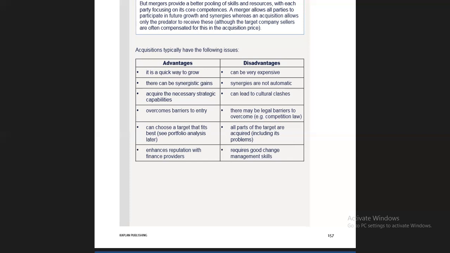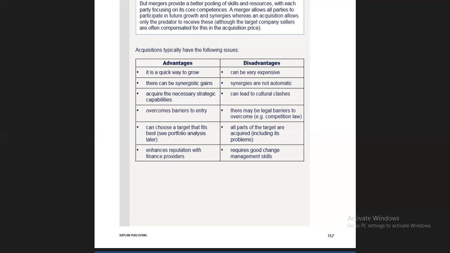Then disadvantage: can be very expensive. Yes, if you have that money, then you can acquire the company, so it is an expensive way to expand. Only multinationals can use that strategy, because they have more resources, so they can acquire things easily. But for SMEs it is not applicable, because they do not have as many resources.